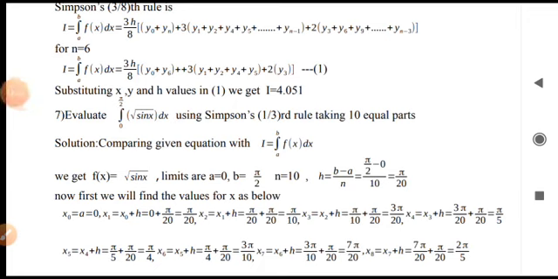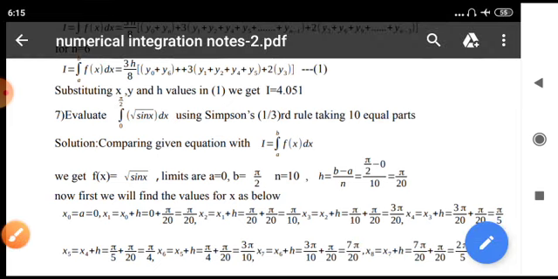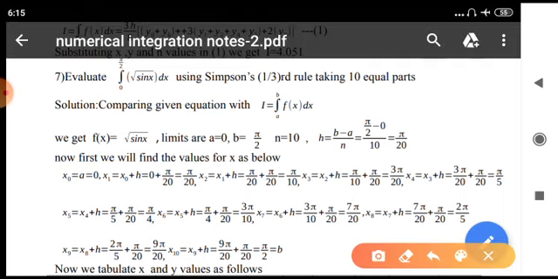Next problem. Evaluate the integration from 0 to pi by 2 of square root of sin x dx by using Simpson's 1/3 rule, taking 10 equal parts. 10 equal parts means, students, n is equal to 10. Now, solution: as we have done in previous problems, the same steps we have to follow. Compare the given equation with integration from a to b of f of x dx.